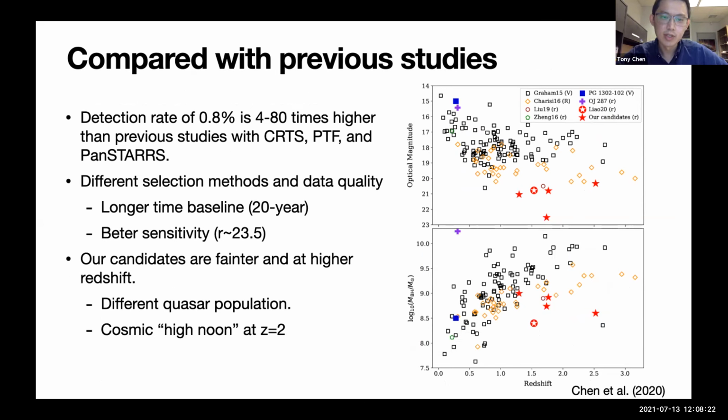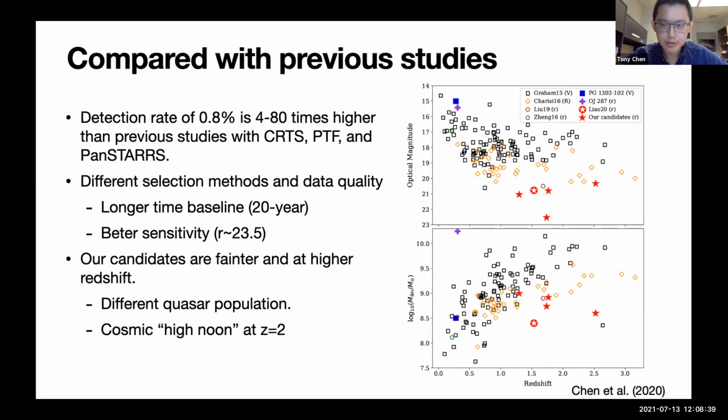But we believe the longer time baseline and the better sensitivity are essential to search for those periodic quasar candidates.